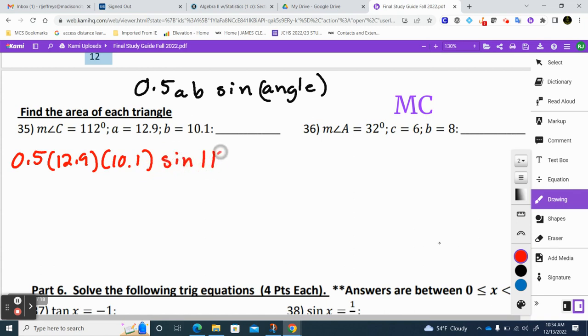It says it's rounded to the nearest tenth. Believe it or not, I think this problem on the test is going to be the most missed problem because I have people that can't round. On my calculator, I get 60.40. If I round to the nearest tenth, it's just 60.4.